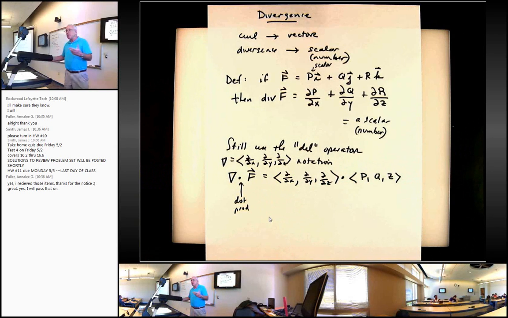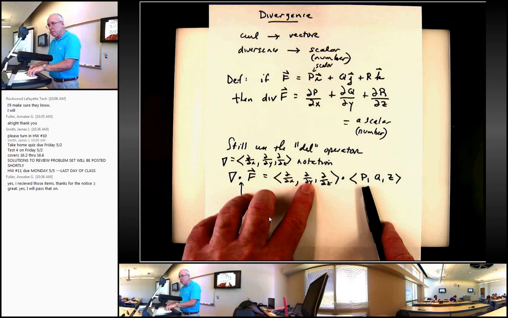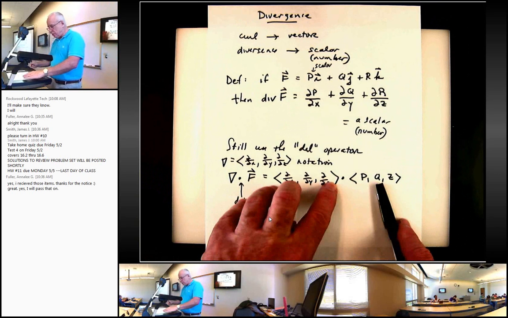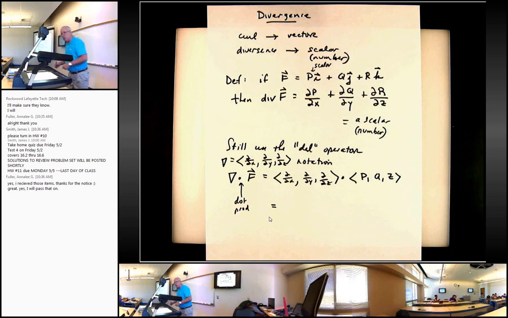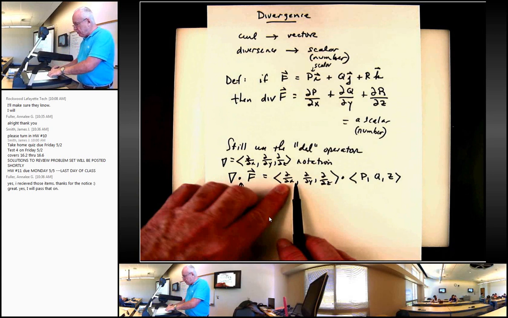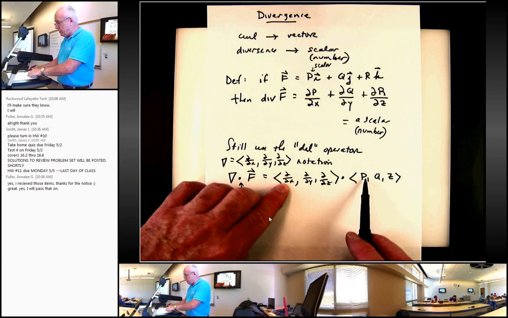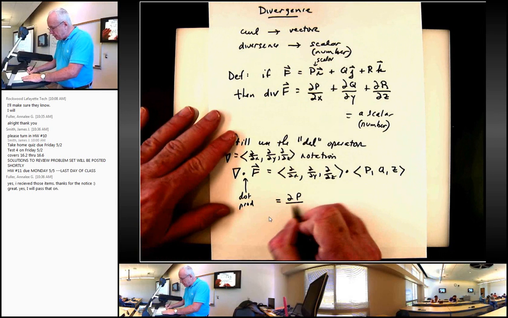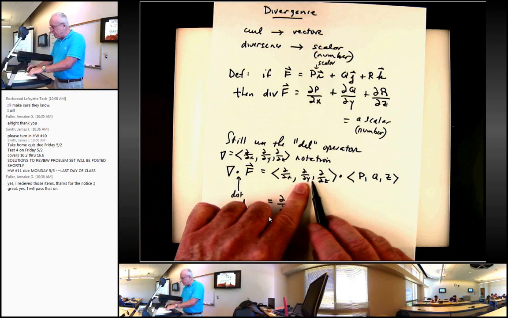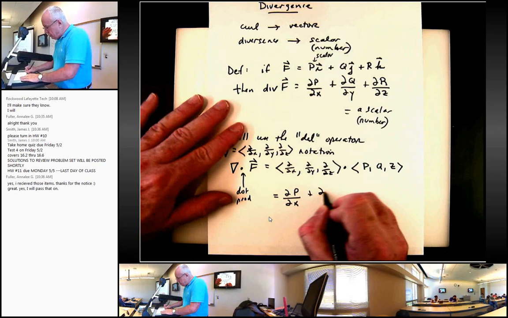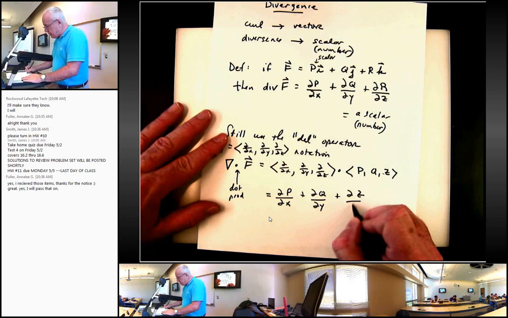So remember, when we do a dot product, we multiply the first components together plus the second components plus the third components. Well, here in this case, we're not really multiplying, but we're taking this first component, ∂/∂x, and we're applying it to the first component here. So this is ∂P/∂x. Then we go to our second component. We apply this to that second component, ∂Q/∂y. Then we go to the third component, ∂/∂z.